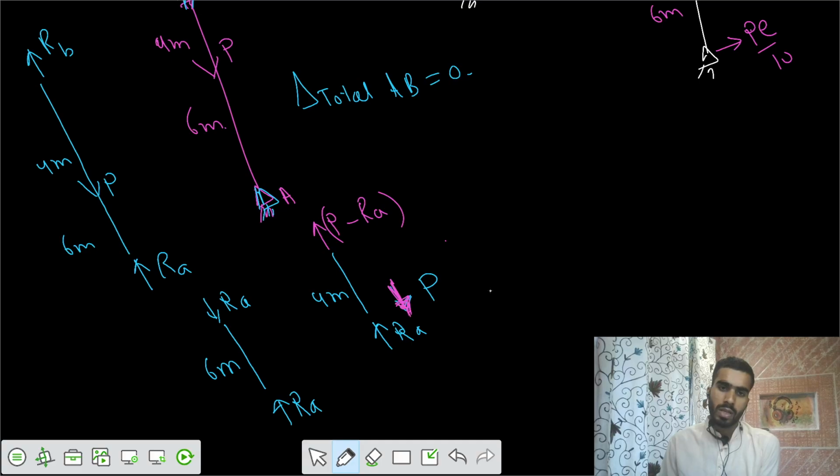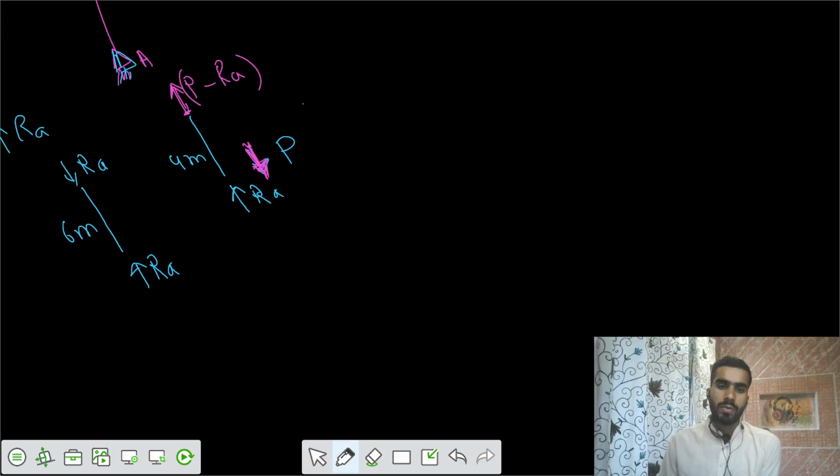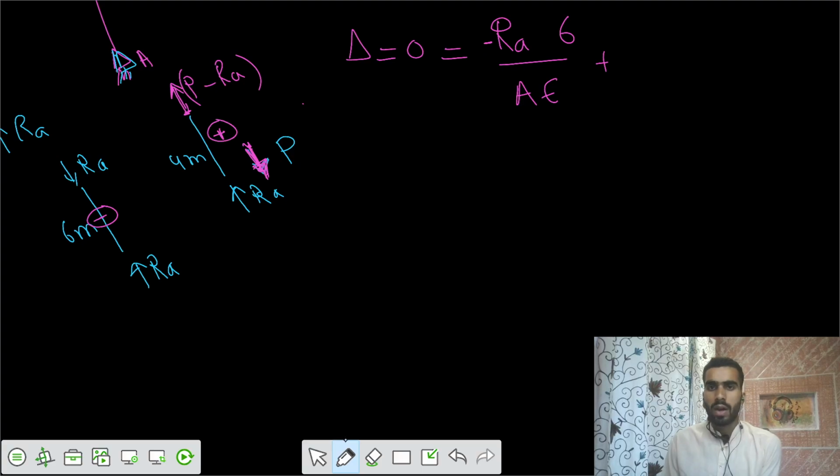If this is downwards, that means you have to show from this side also upwards, such that it is net tensile. So if I use that, total delta equals 0. That equals RA L by AE, and that is compressive. For the first case that is compressive, and for the second case that is tensile. So RA L by AE plus (P minus RA) L by AE should equal 0.